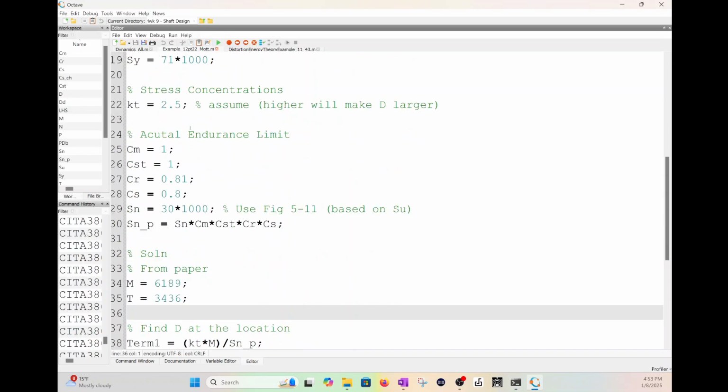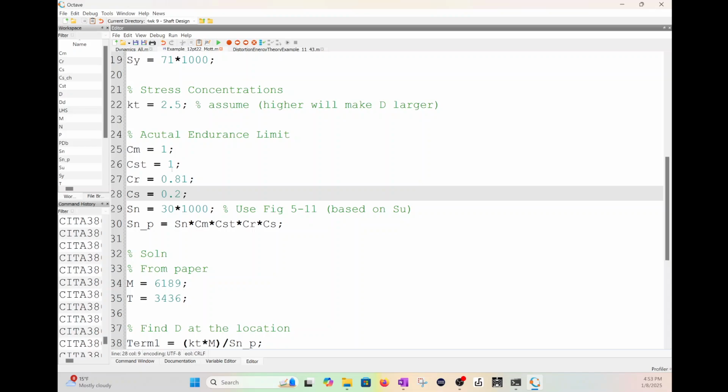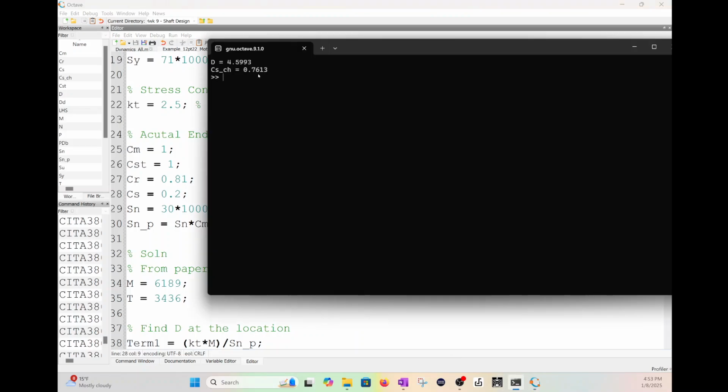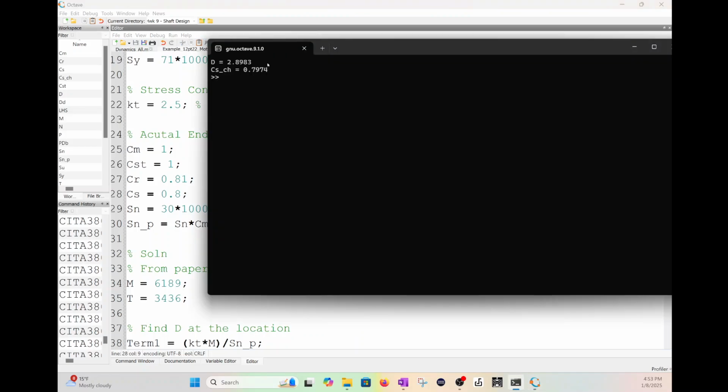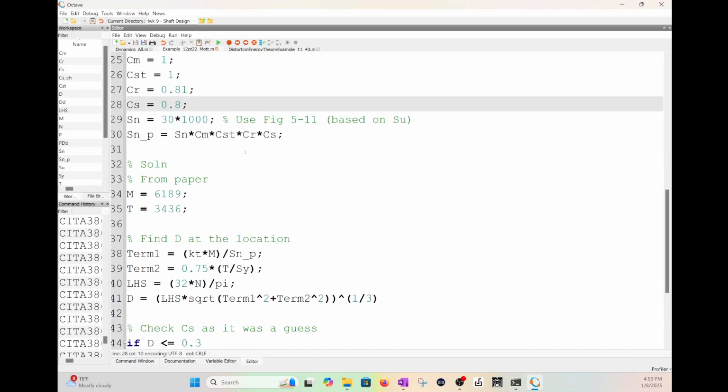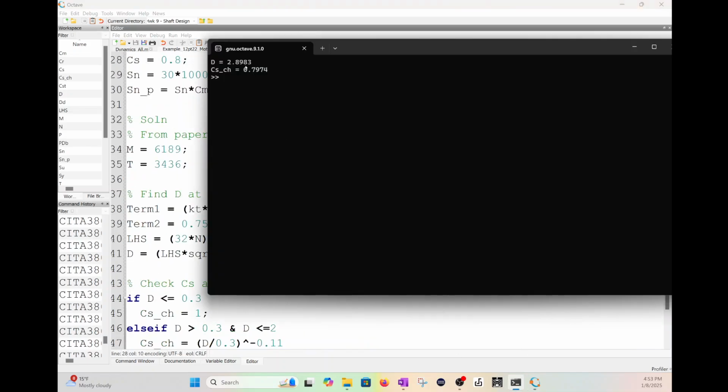Okay. So say I went up here and I said, well, let's do something crazy. Let's do 0.2. Okay. We run it, and look, that doesn't match, right? So you need to keep changing this until that matches. All right. That's pretty close. Okay. So that's the diameter we need, 2.9 inches, or I'd go maybe 3 inches, just to be safe.